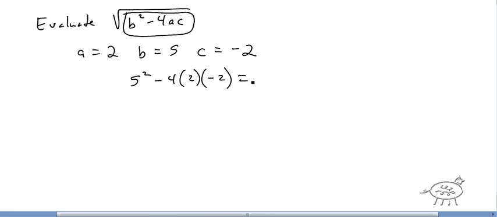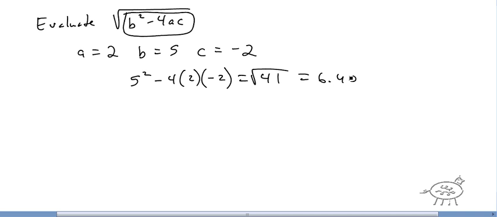So 5 squared minus 4 times 2 times -2, and you get 41. And then you want to hit the square root of that. So the square root of 41 is 6.40. That's all you do.